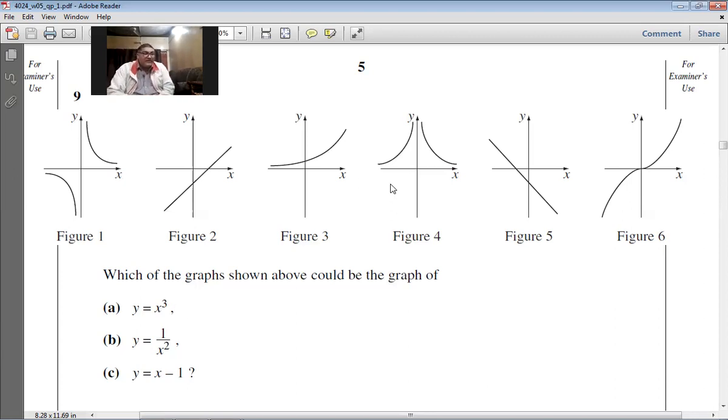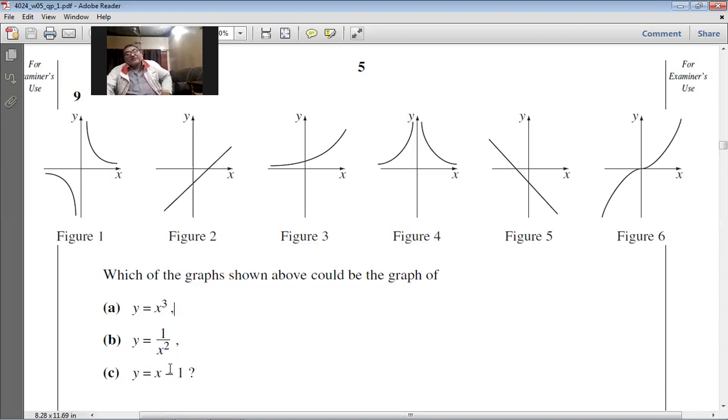Then we have the next question, y equals x minus 1. The coefficient of x represents the gradient, so the gradient is 1 and the y-intercept is minus 1.